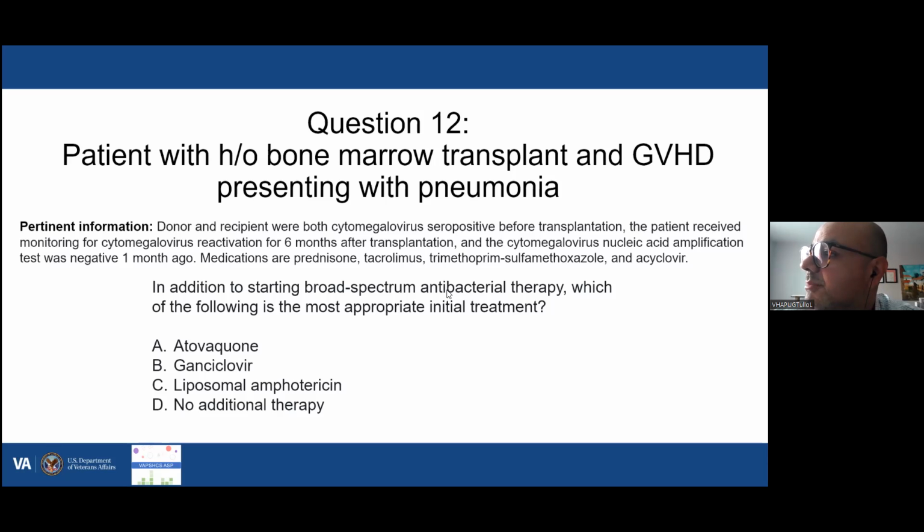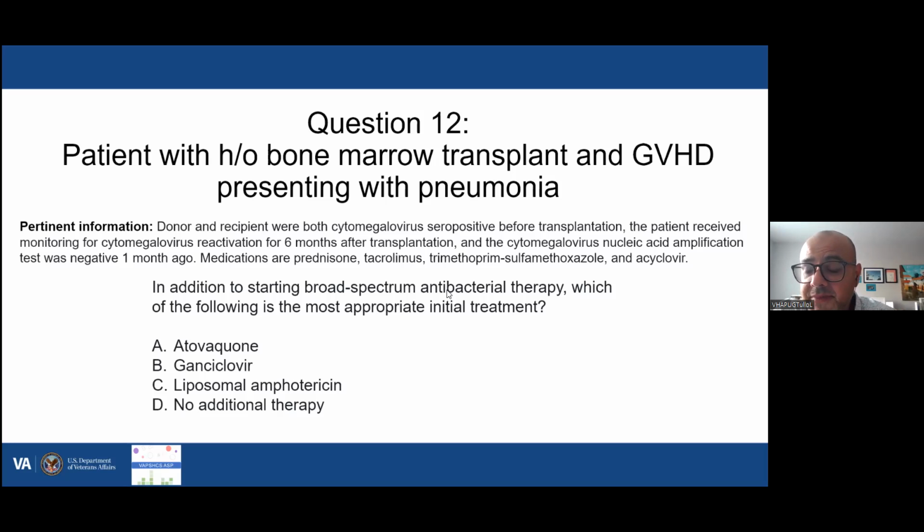Great. So next question, people picked ganciclovir or no additional therapy. I like that. Okay. So the answer is B, I believe. And the reason for that is because when you look at patients with a solid organ transplant, you have to think about how far their transplant was and what type of immunosuppression they got.